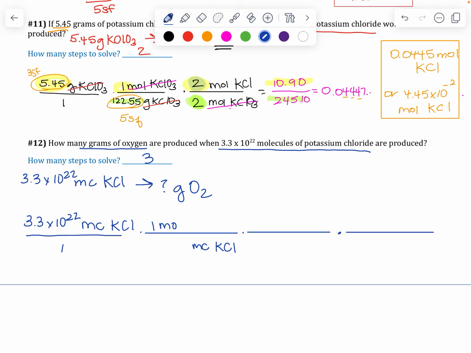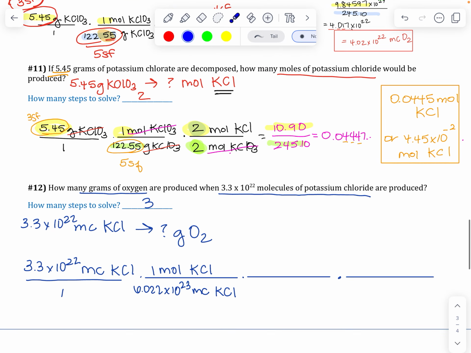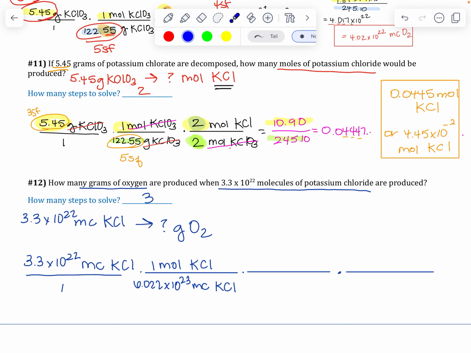Well, our goal is always to get to moles so that we can do a mole conversion using our reaction. Well, 1 mole of anything is 6.022 times 10 to the 23rd molecules, our Avogadro's number. Again, setting that up with the molecules on the bottom in order for the units to cancel.